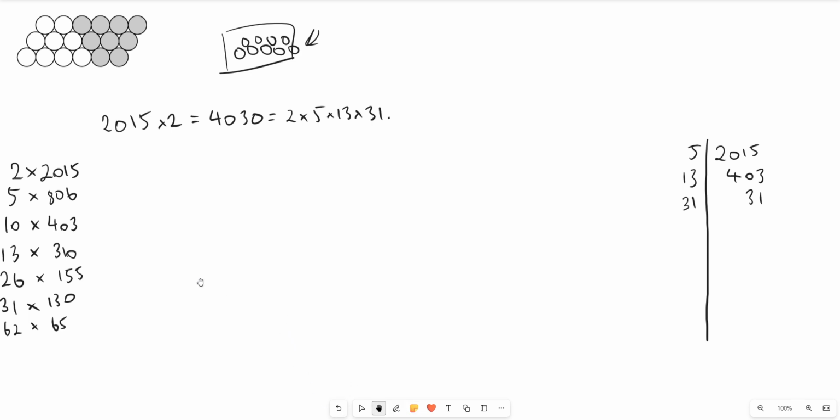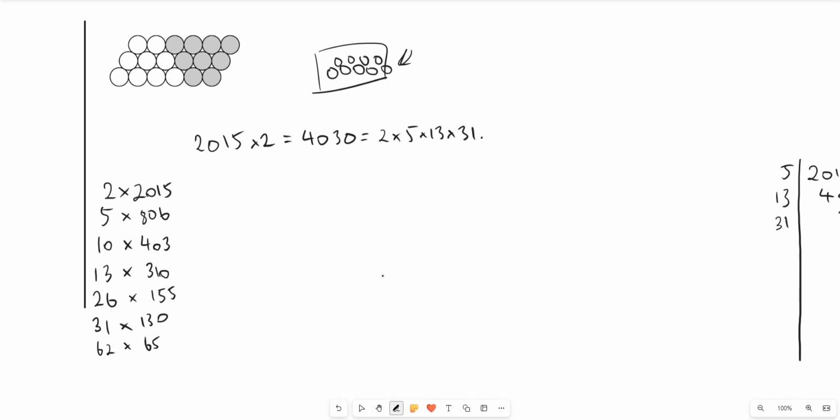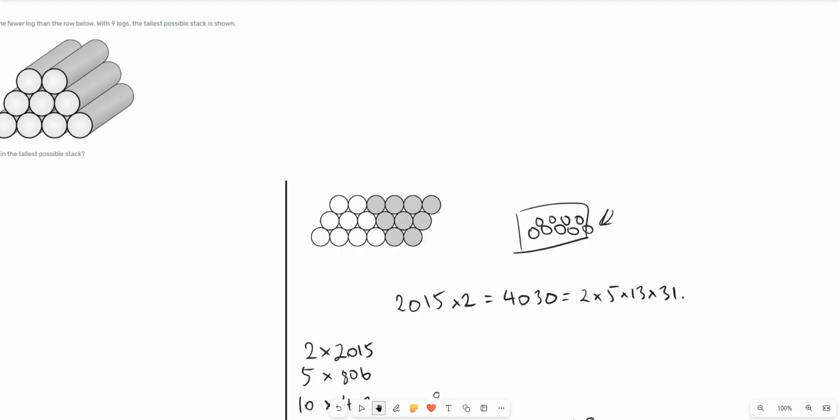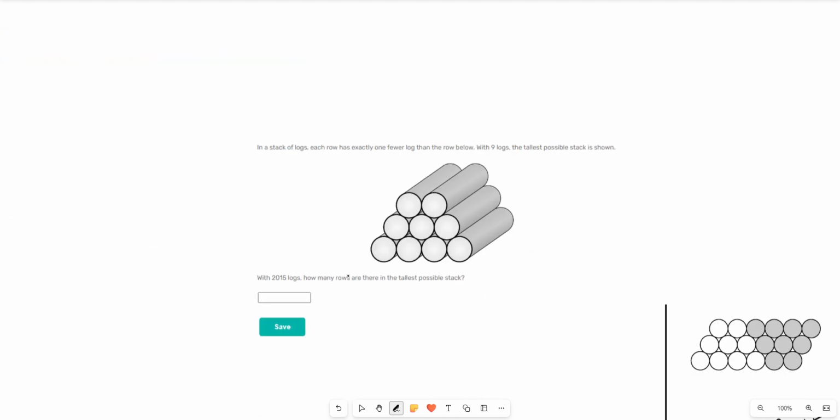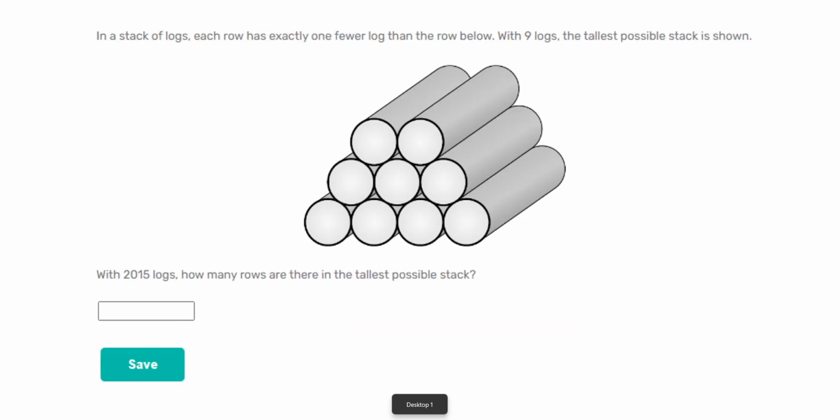So the tallest stack has 62 rows, and the bottom row being 65. So the answer should be 62. Which it is.